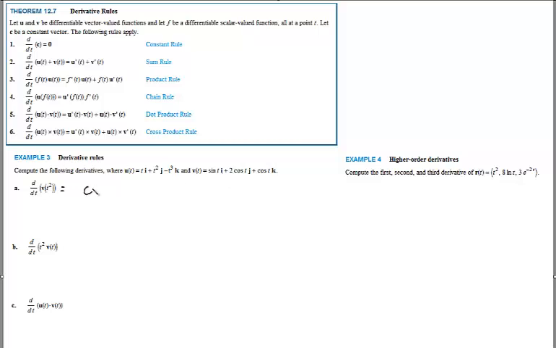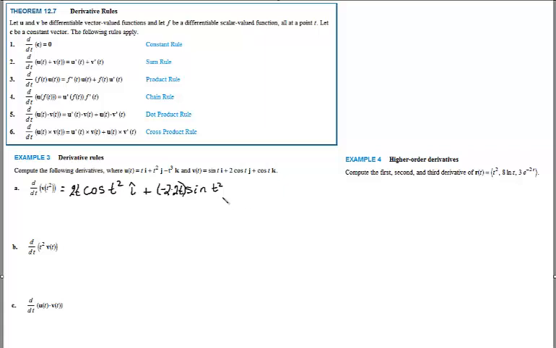Derivative of sine would be cosine t squared, times the derivative of the inside, which would be 2t, and that would be i hat, plus, I'm on to j, derivative of the outside, that would be negative sine t squared, and then I'm going to multiply by 2 because of that 2 there, and then the 2t because of the derivative of the inside.